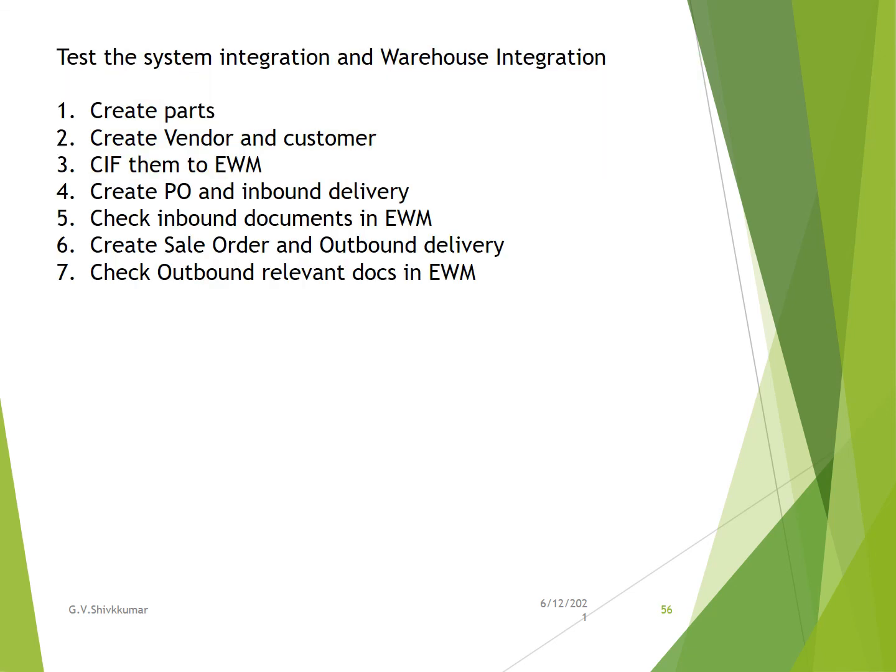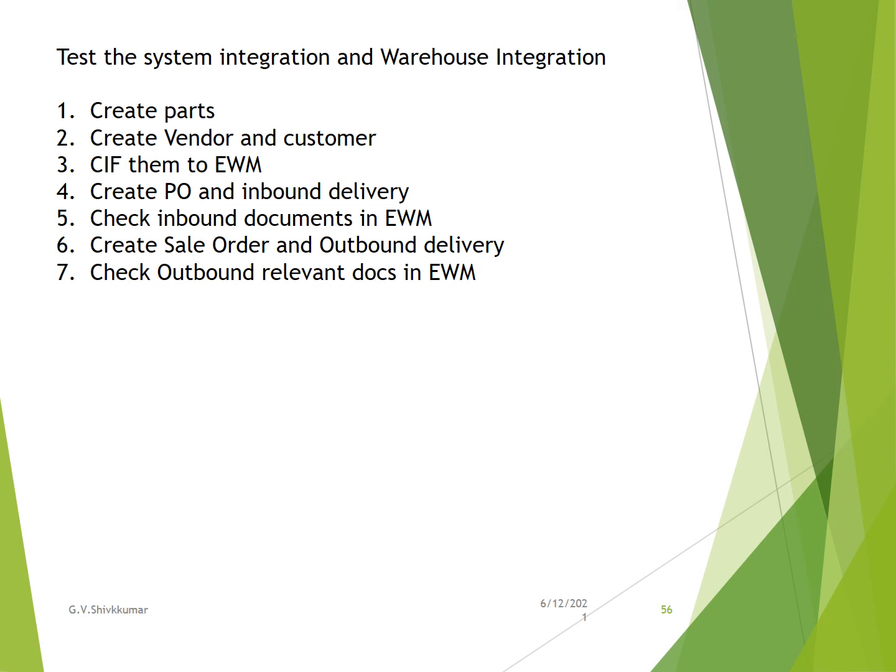Test the system integration and warehouse integration. So as a part of the step, we need to create a part, create vendor and a customer, shift them through core interface. Shift means core interface, I told. Shift them to EWM, create PO and inbound delivery in ECC and check whether it is properly transported to EWM. Check the inbound documents in EWM. Once transferred, create sales order and outbound delivery for outbound transaction.